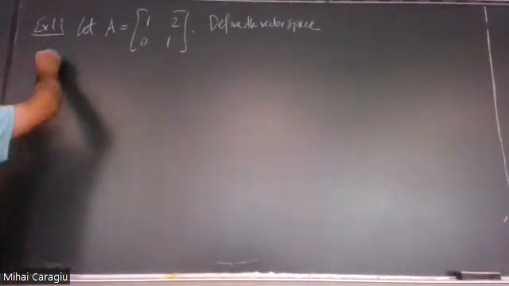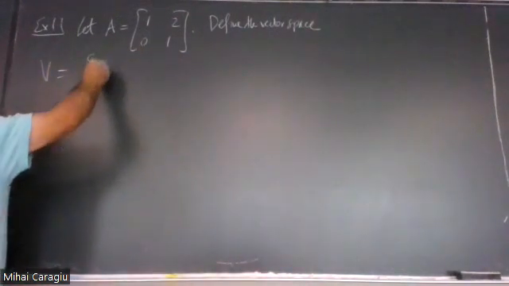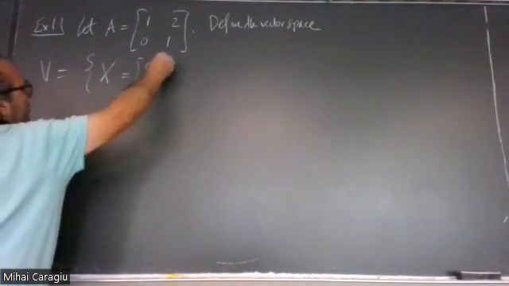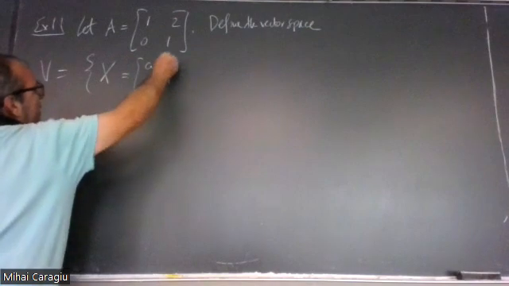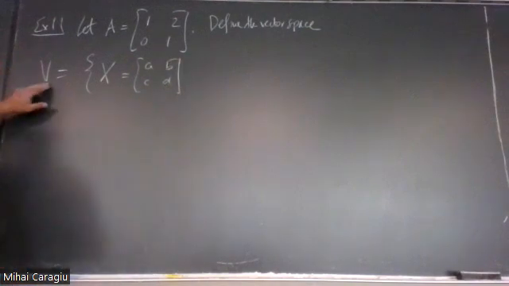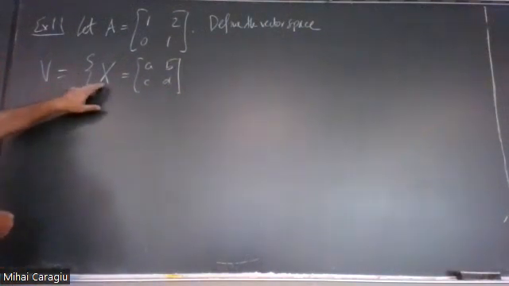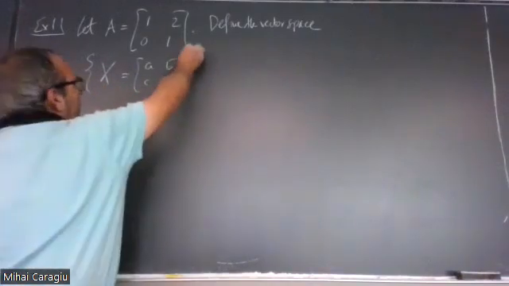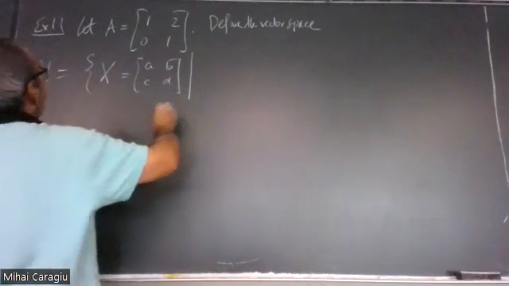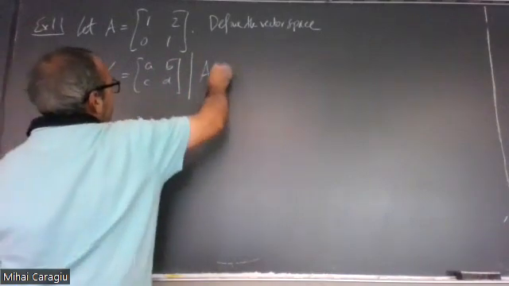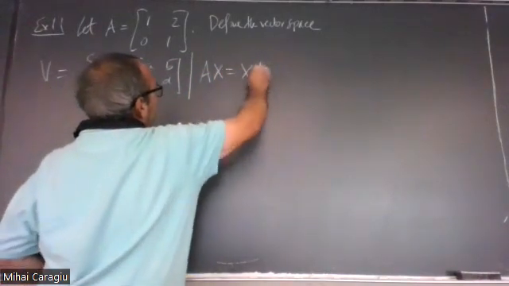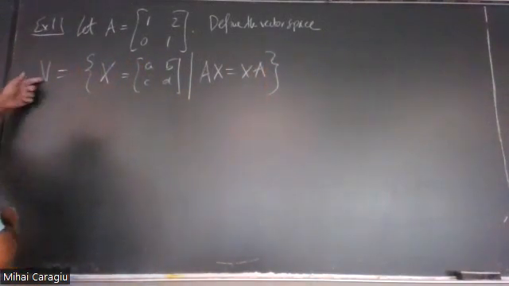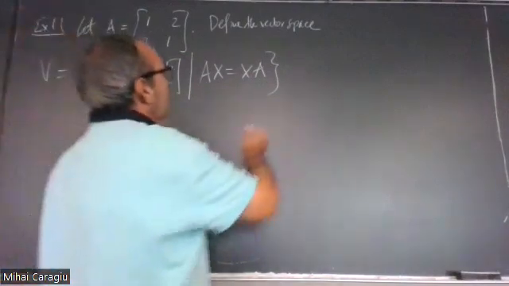V is the set of all matrices X, which is a 2 by 2 matrix with entries a, b, c, d, with the property that AX equals XA. So the problem is to find the dimension of V and a basis of V.